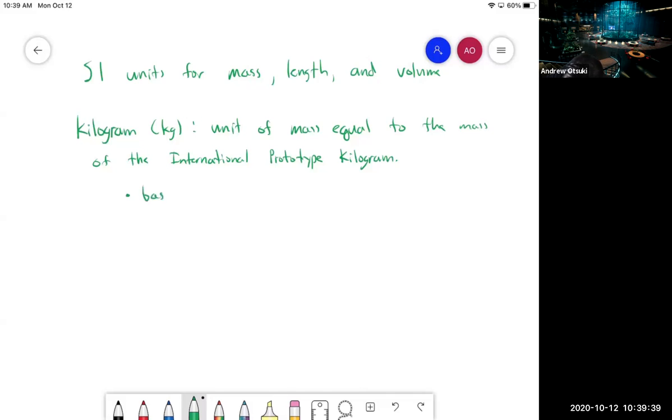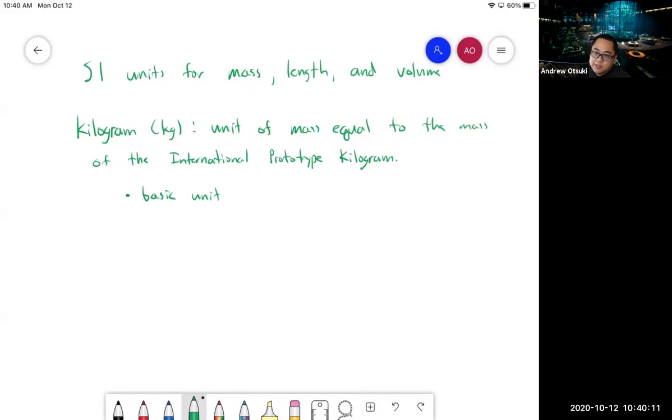Okay, I jumped too far ahead of myself. What I meant to say is that kilogram is a standard unit for reporting body weight, and usually when we see large quantities of mass, we use kilogram. That's the most common unit for it.